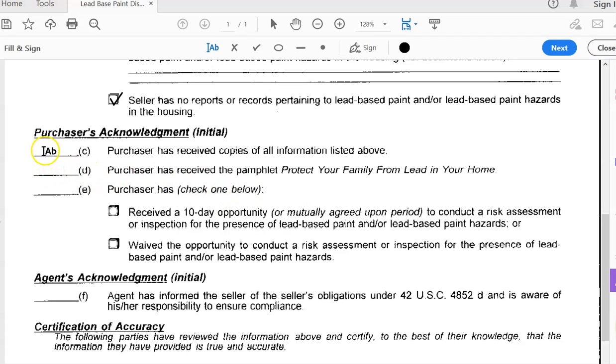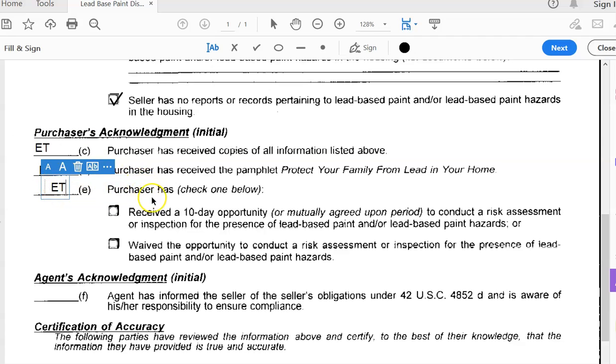So the buyer will have an opportunity to initial here. They will also initial here, Ellen Taylor, and then initial here one more time, Ellen Taylor.